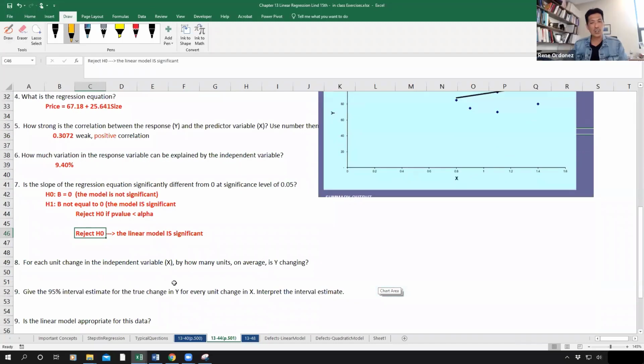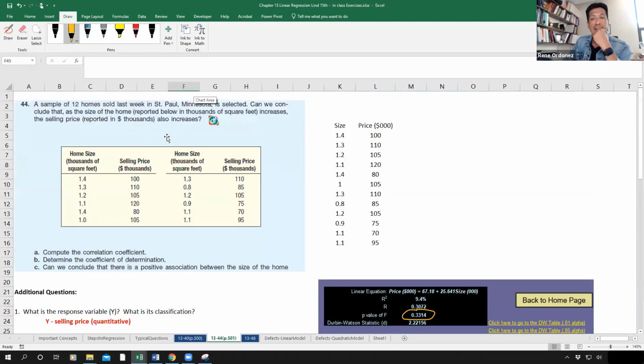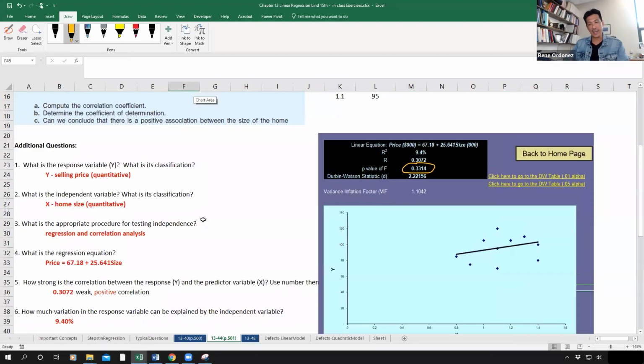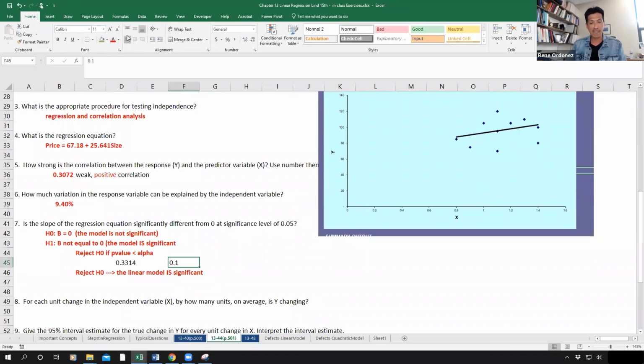So what is the conclusion? Is the null hypothesis rejected? The p-value is 0.3314. And an alpha, did the problem state the alpha? It doesn't say it, but even if you set an alpha of 0.1, the conclusion would still be the same, right?